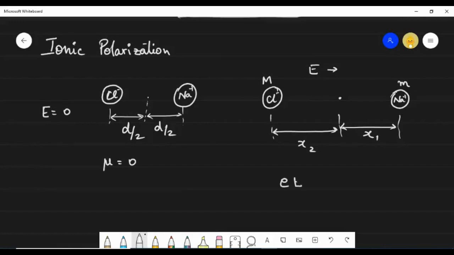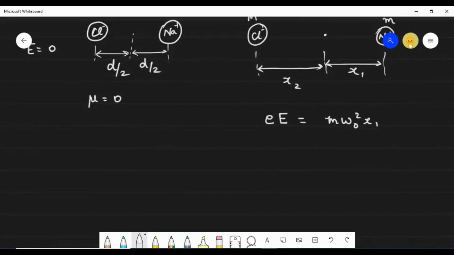Then the Lorentz force eE is given as m omega naught square x1 for Na plus ion, whereas it is M omega naught square x2 for Cl minus ion.